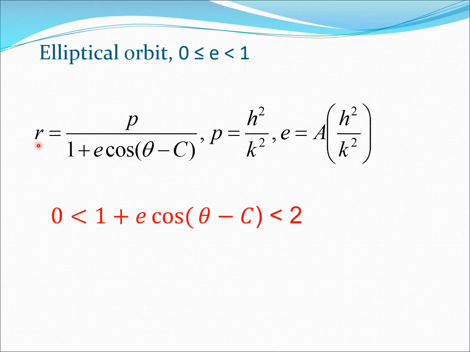So essentially R is given by P by 1 plus E cos theta minus C. You cannot get a very simple formula here, but you can say that this value 1 plus E cos theta minus C will be bounded between 0 and 2, because remember that cos is bounded between minus 1 and 1. So the lowest value this term can have is 0, and the highest value it can have is 2.